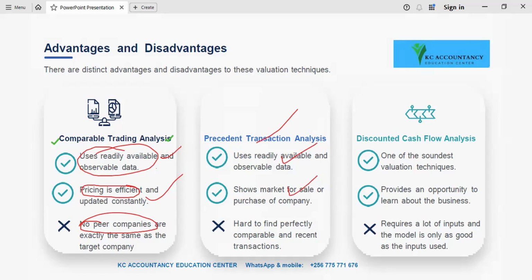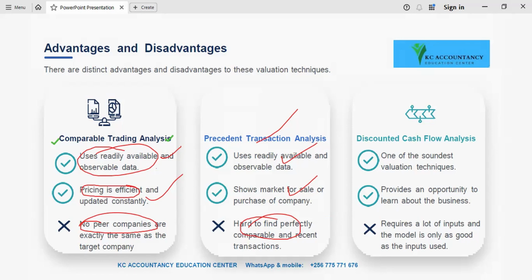So the challenge, or the big disadvantage, is that it is hard to find a perfectly comparable peer. But also, it can be difficult to find recent transactions.